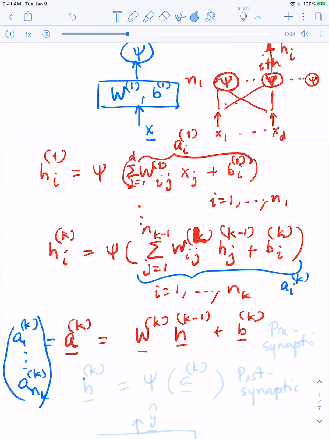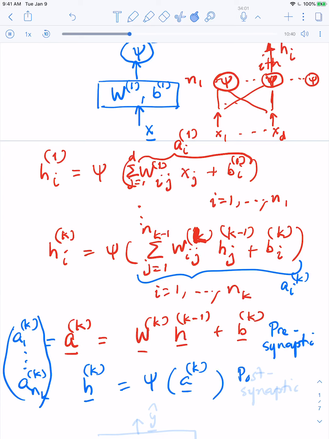And then, of course, the output comes after the nonlinearity. So h^k is just a term-by-term nonlinearity applied to these so-called pre-synaptic activations.